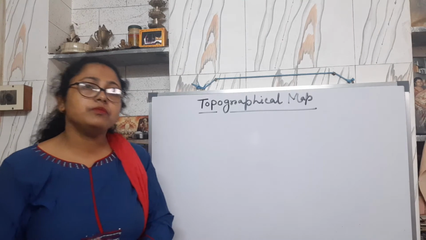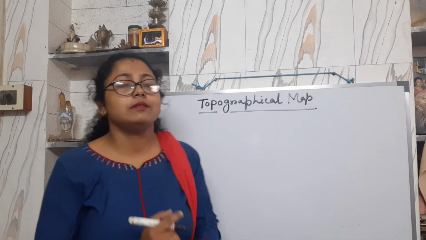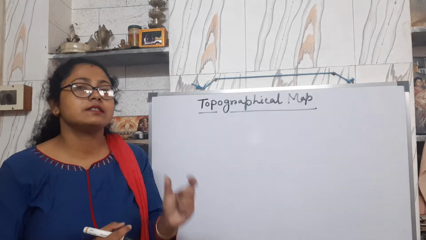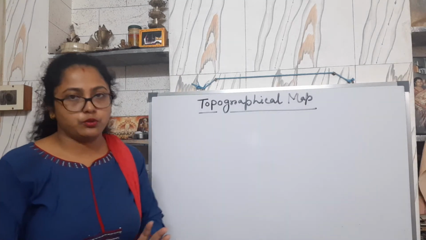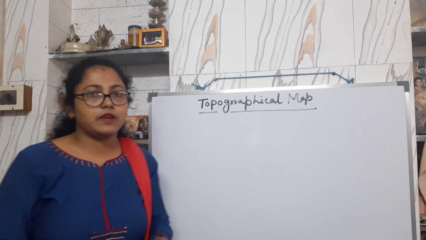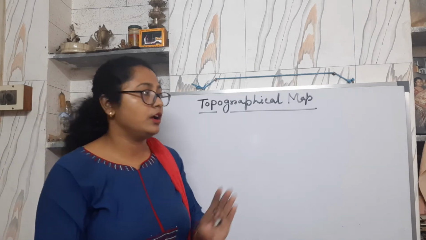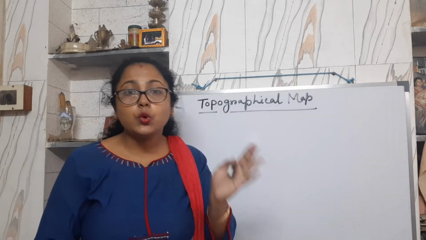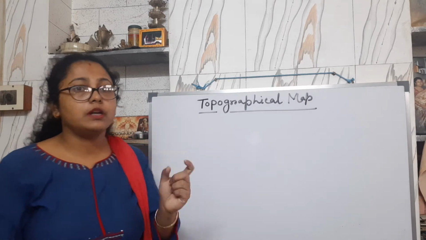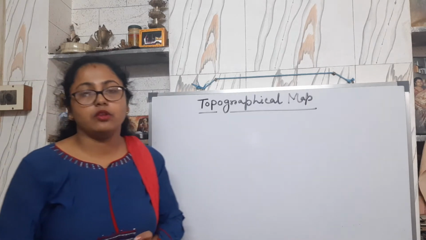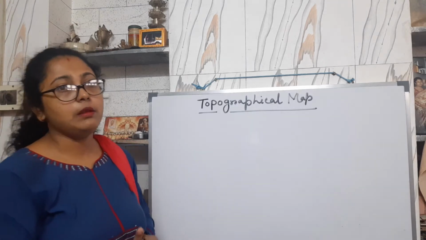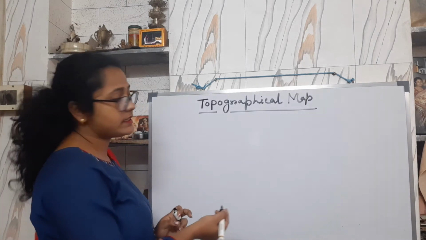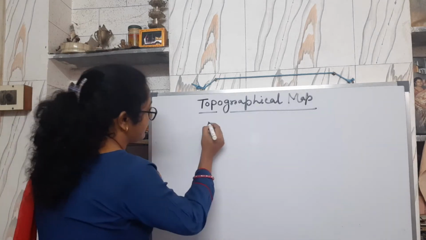So to overcome this problem, the grid reference system is introduced, where 4-figure, 6-figure and 8-figure grid references are used. These are used to depict the proper location of any place on the topographical map. So let's get started with the 4-figure grid reference.